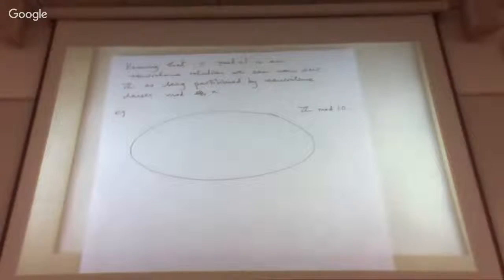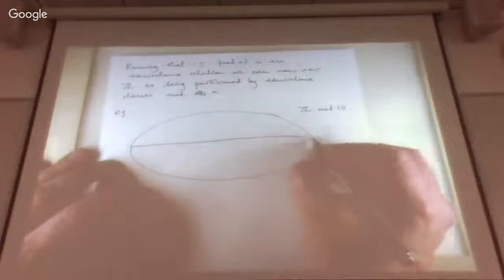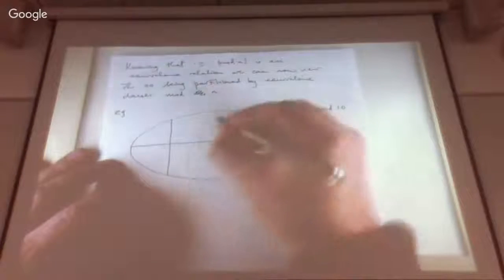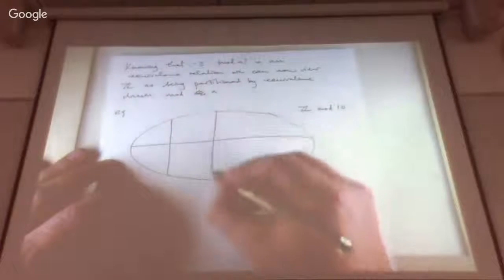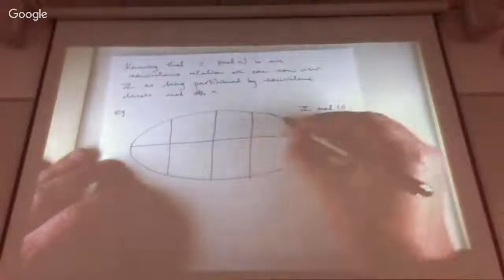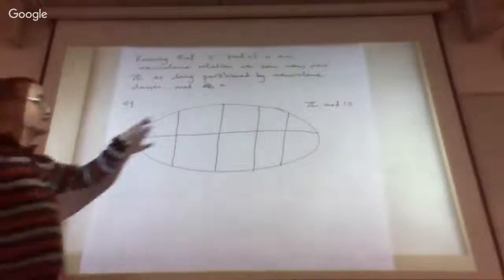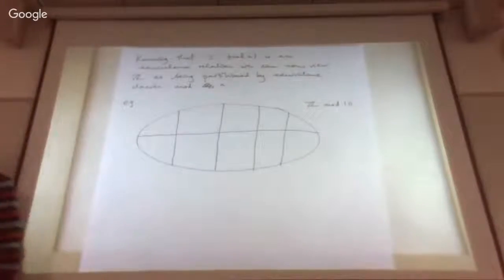For example, let's do a nice non-trivial example. We'll use 10 as our modulus. There's a Venn diagram indicating all the integers, and we can draw the equivalence classes 1, 2... Okay, just about manage that. We've got the integers partitioned into 10 subsets.